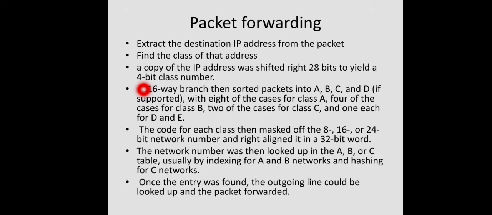One among them will be the first 4 bits of the destination address of the given packet. So a 16-way branch then sorts packets into A, B, C and D, with 8 of the cases for class A, 4 of the cases for class B, 2 of the cases for class C and 1 each for D and E.